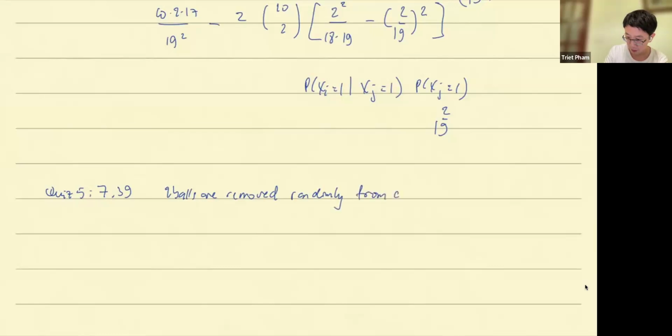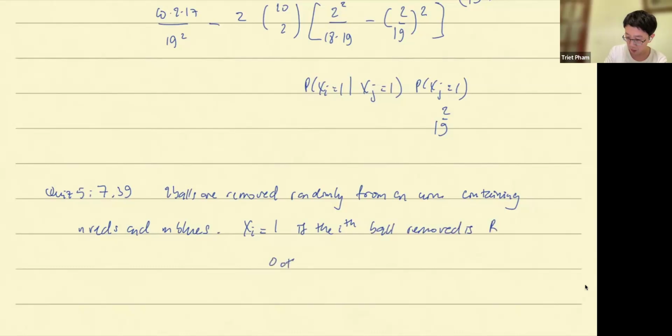From an urn containing N red and M blues. Xi is 1 if the ith ball removed is red and 0 otherwise, right? You just look at these 2 balls.